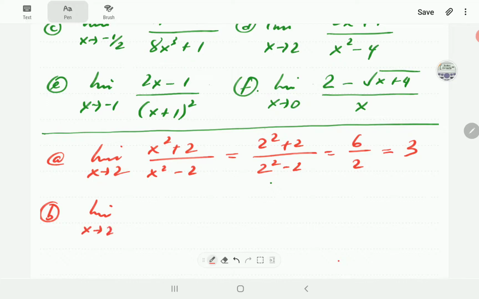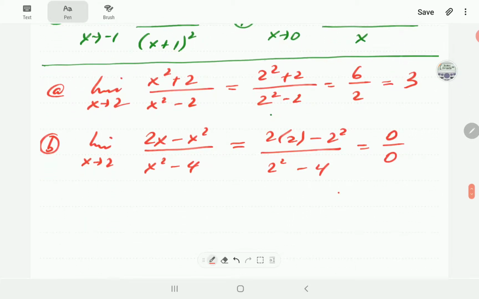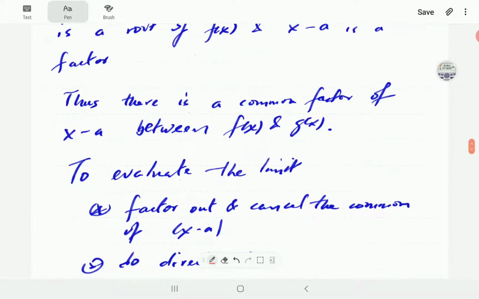Then in part B, we have got 2x minus x squared all over x squared minus 4. If we substitute, it's going to be 2 times 2 minus 2 squared over 2 squared minus 4. 2 times 2 is 4. 2 squared is 4, so the numerator is 0. So is the denominator. So that tells us that we are in case 3.